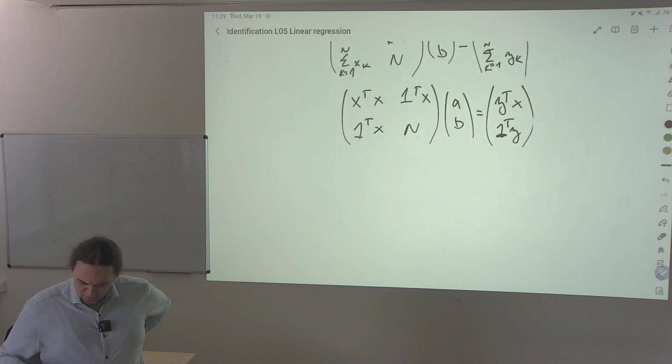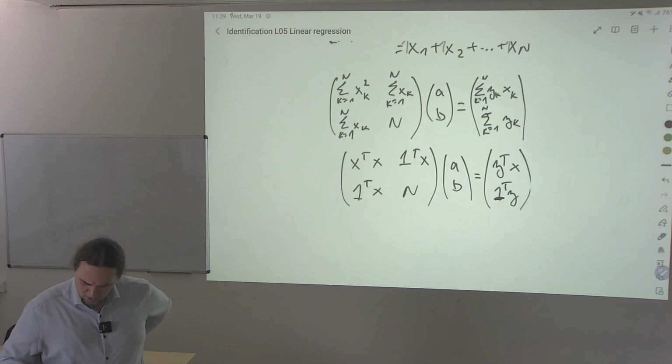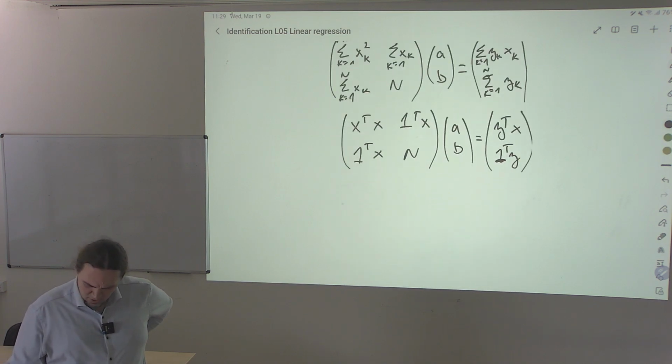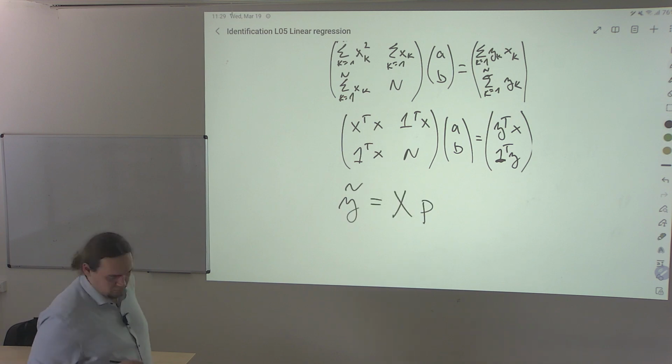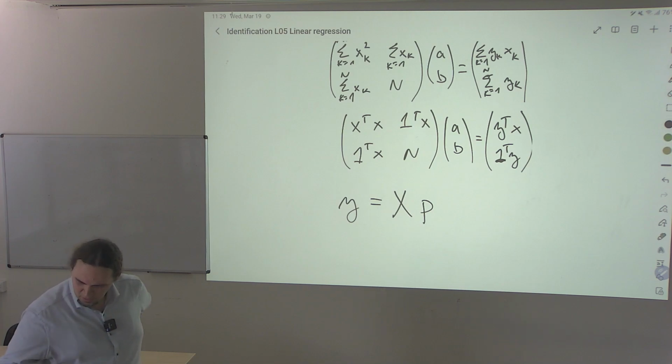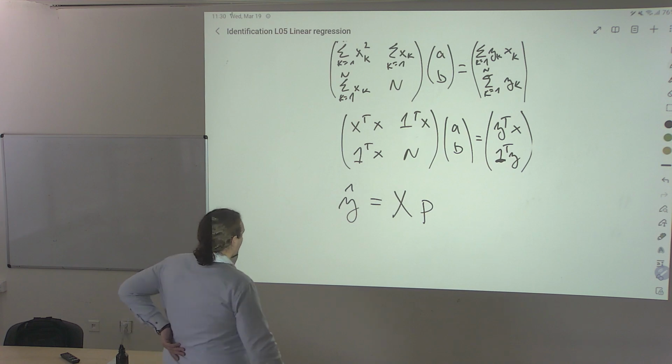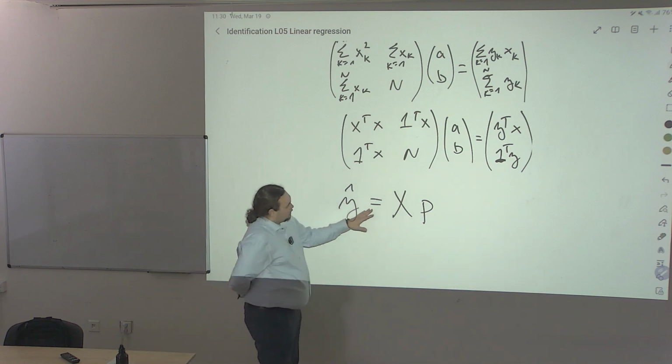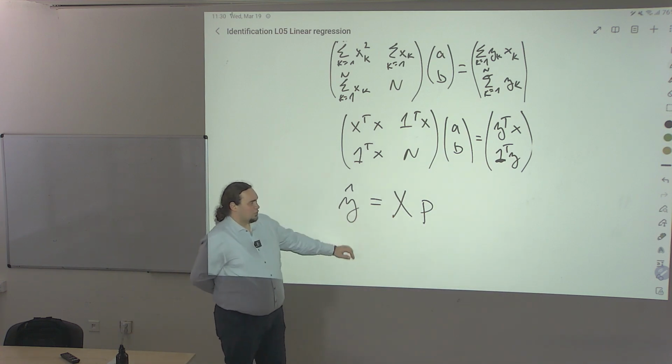A natural question would be, if we can somehow find a model. No, this shouldn't have been tilde. Sorry. Our model, let's say in this form.